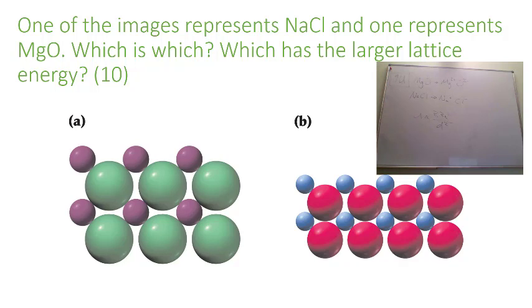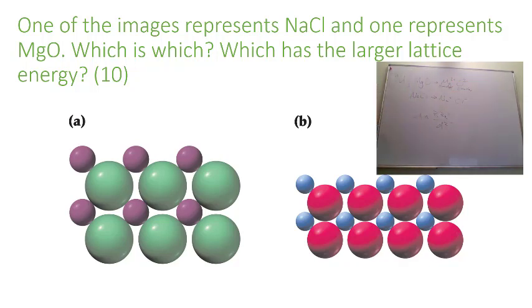So magnesium 2 plus is going to be very much smaller than sodium. Now, if we compare O2 minus versus Cl minus, we can see that oxygen is higher on the periodic table than chlorine, and so oxygen is going to be smaller than chlorine.